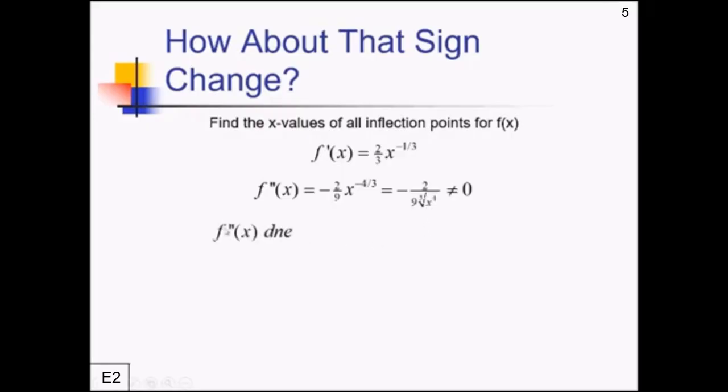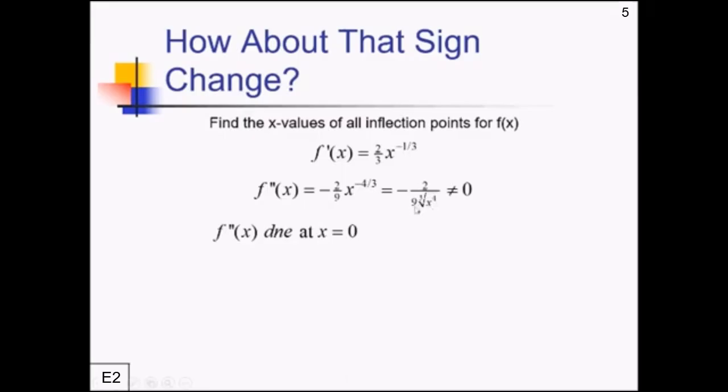So I can say f double prime DNE, which gives us a critical value at x equals 0 for that denominator. But here's the other piece of this. Before you put 0 on a number line and start doing sign analysis, which you could, look at what's happening here. Down here, you're raising whatever the input is to an even power, which automatically makes it positive.